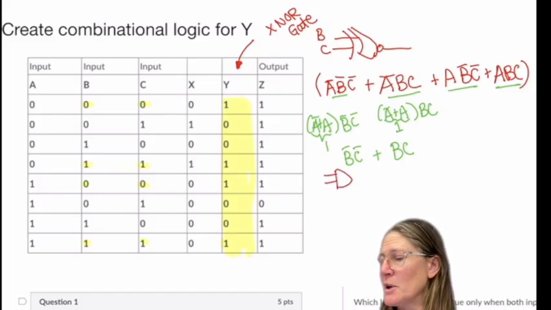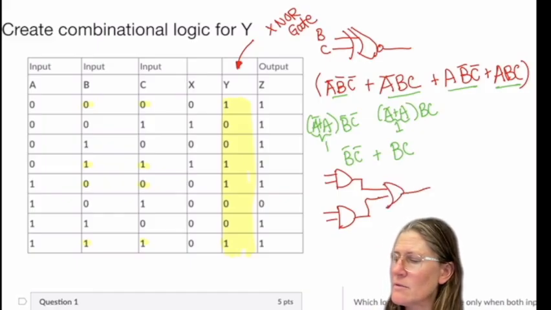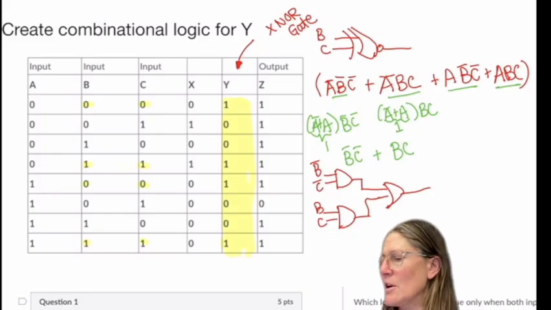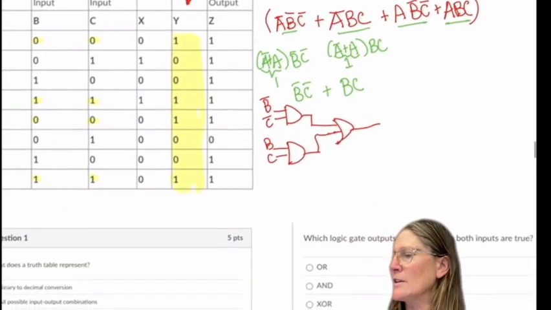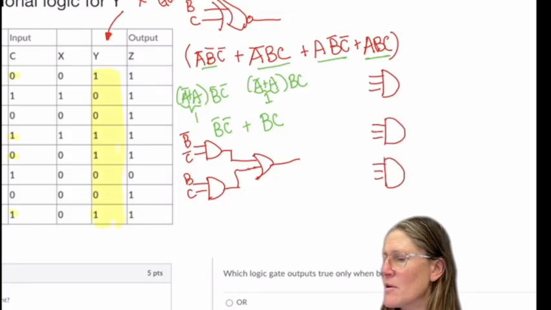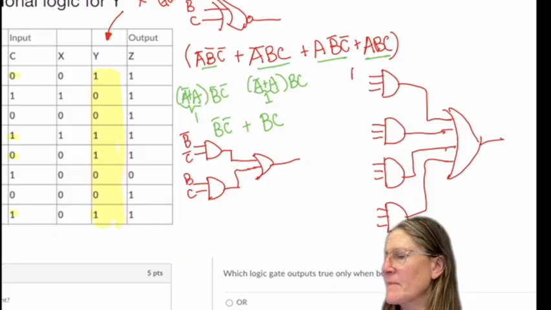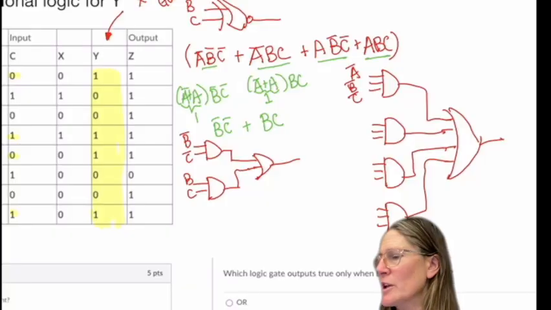So here I could implement this XNOR gate as 2 AND gates, B bar, C bar and BC, or I can do all of these into a 4 input OR gate. Any of these are correct.